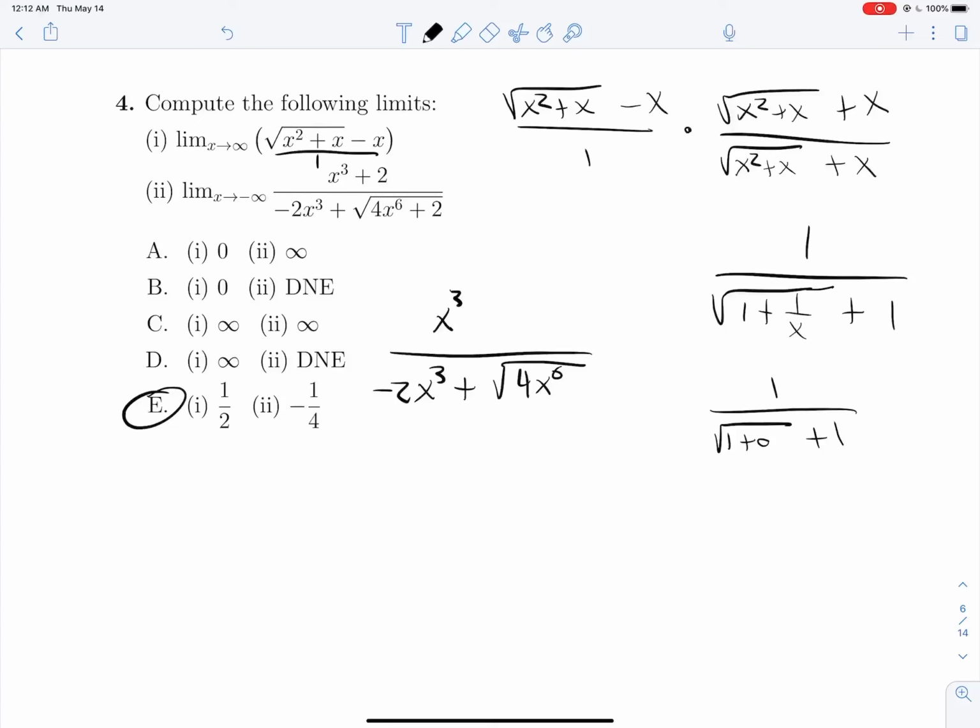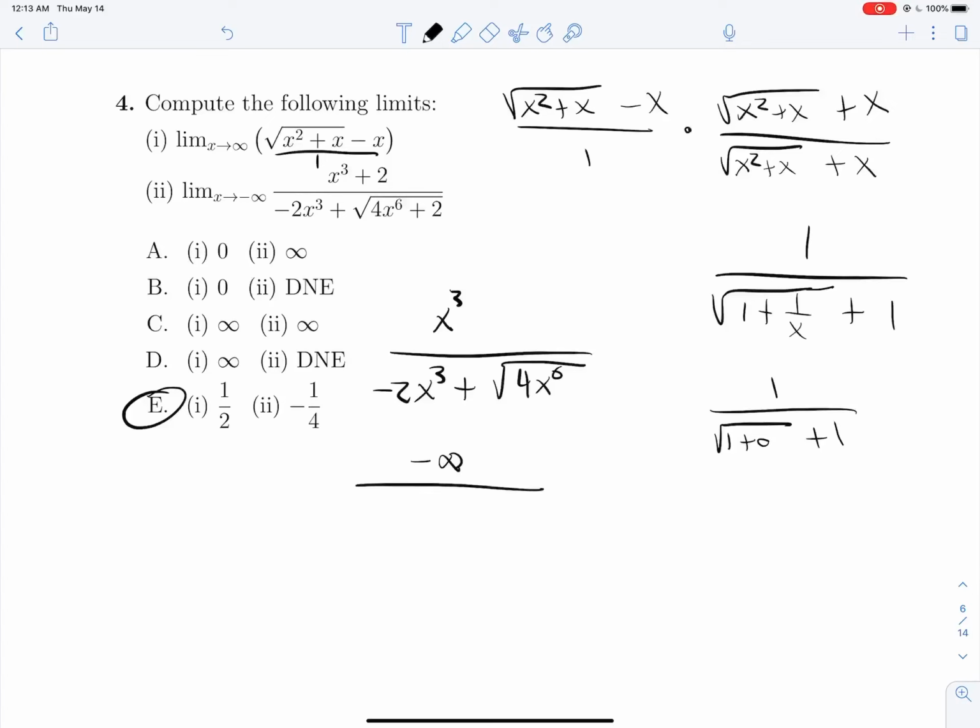What happens if we plug in negative infinity here? What is going to happen? In fact, what's going to happen if we plug in any value here? Let's just plug in negative infinity for the fun of it. So we have negative infinity cubed. We'll still call that negative infinity on the top there.